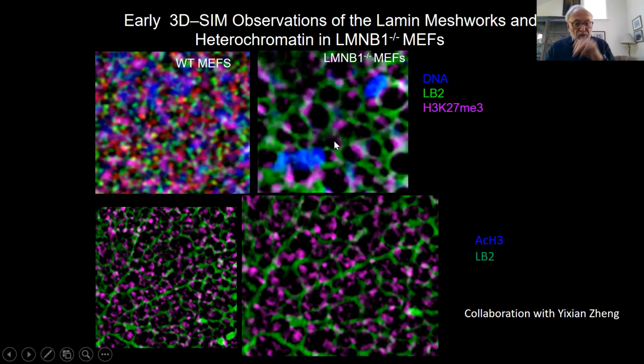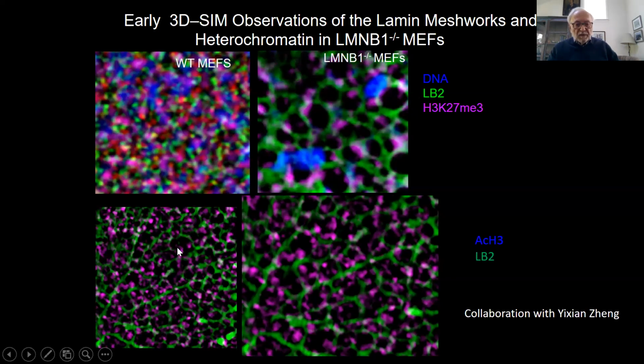But what we've been able to show initially is that when we silence LB1 and expand the mesh, we use this trick again, we find that the chromatin fibers at the edge seem to follow the fibers of the lamins, indicating, again, a close relationship and the possibility, of course, that lamins might be regulating the organization of chromatin at the peripheral region of the nucleus.